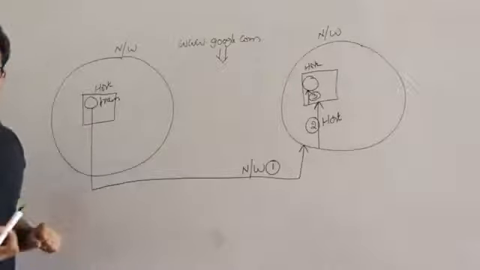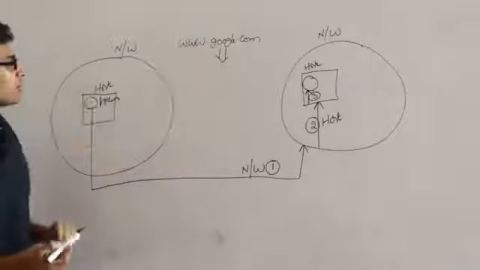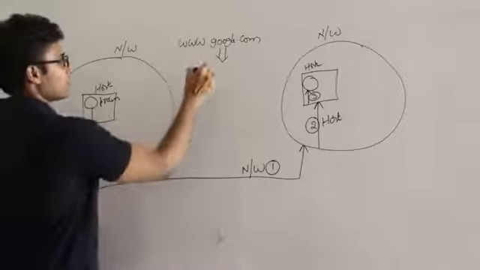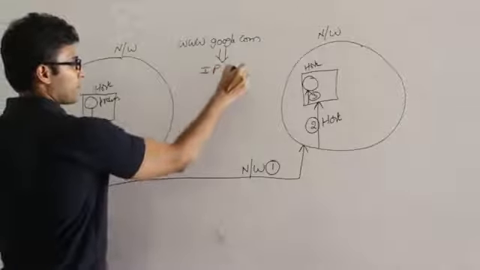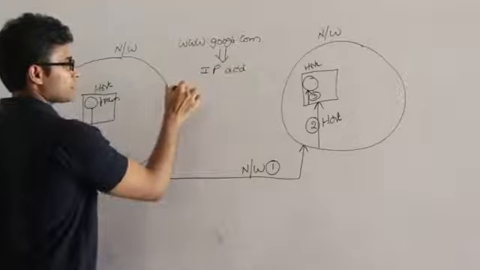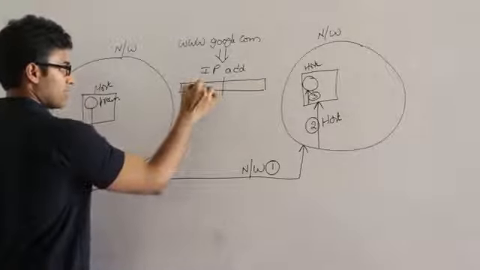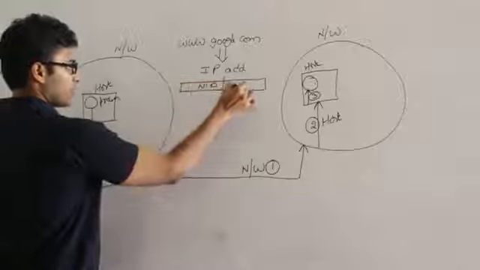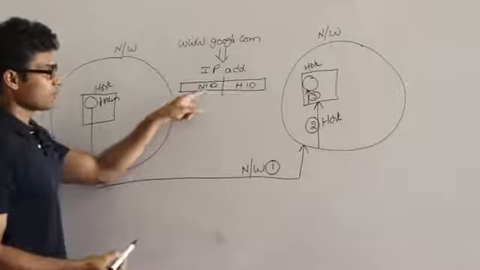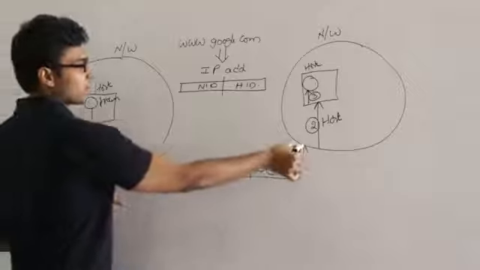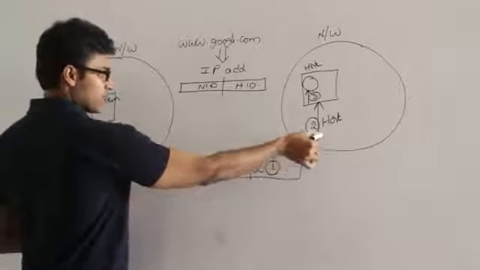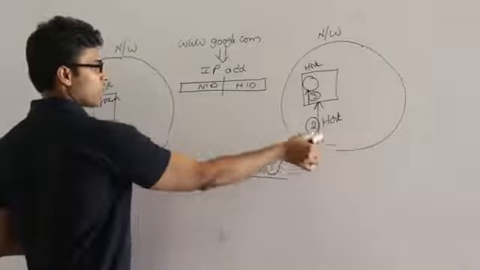So there has to be a service which converts the domain name into an IP address. Why? Because an IP address will have 2 parts. One part is called the network ID and the other part is called the host ID. Therefore using the network ID we can reach the target network, and using the host ID we can reach the target host.